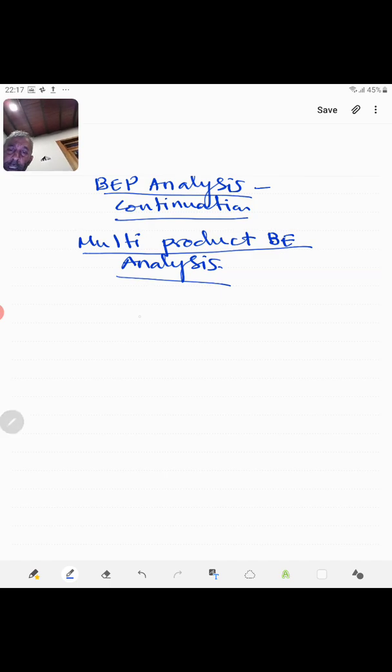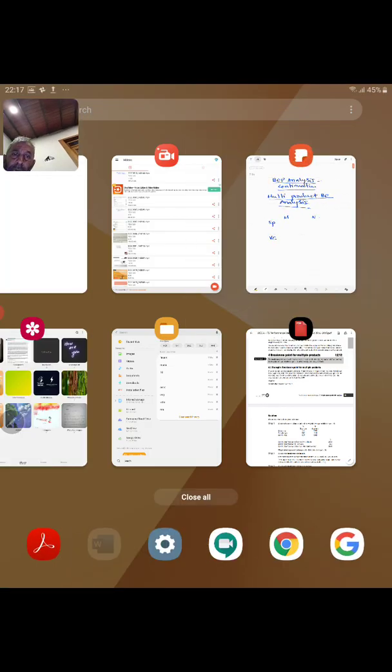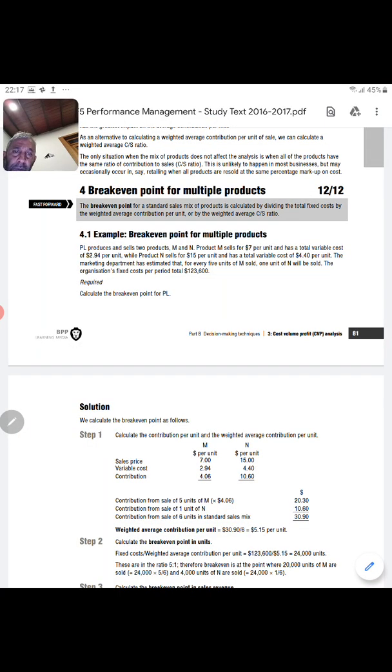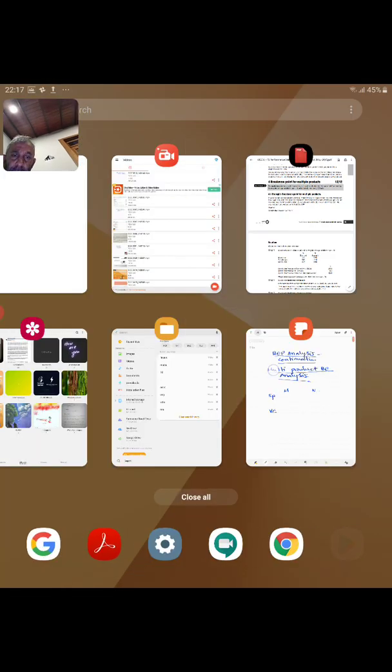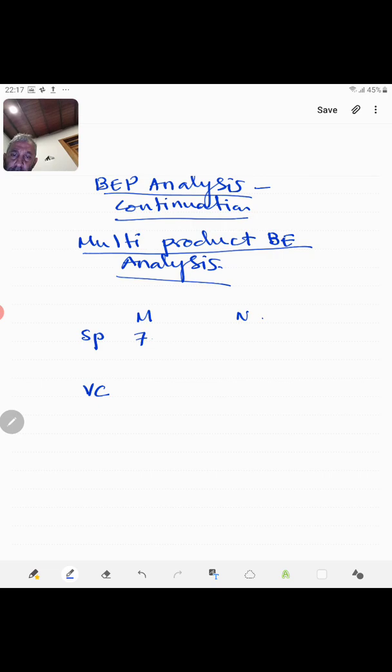We have two products, M and N. The question has given us the selling price and the variable cost. The selling price for each product will be 7 and 15.